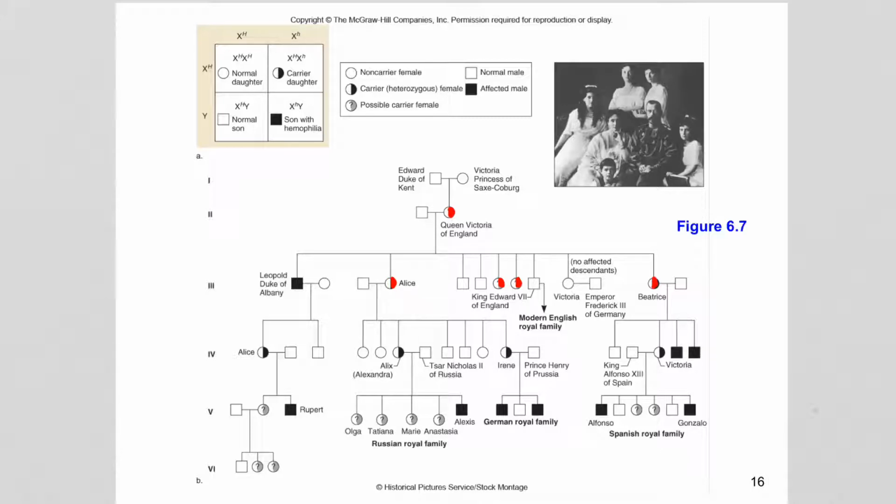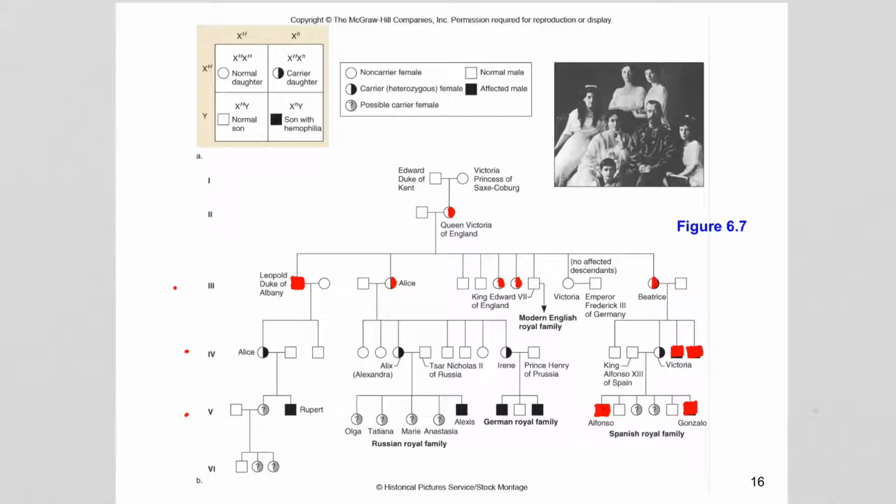But for this case, we absolutely know they have to be carriers, because there has to be a way for that mutation to be passed on to the sons. So the other big key that stands out in this pedigree is that we have a large number of affected males. No carriers, all affected. And we see this in every single generation across this pedigree.